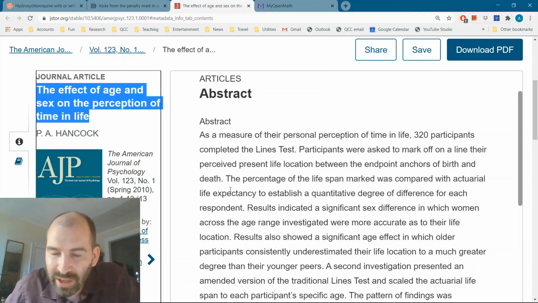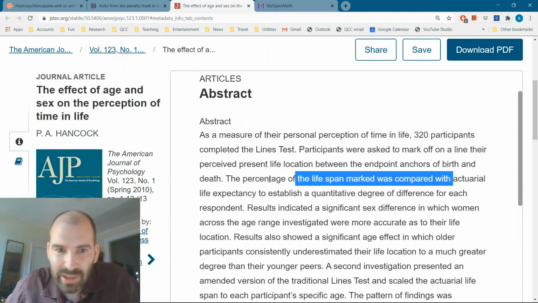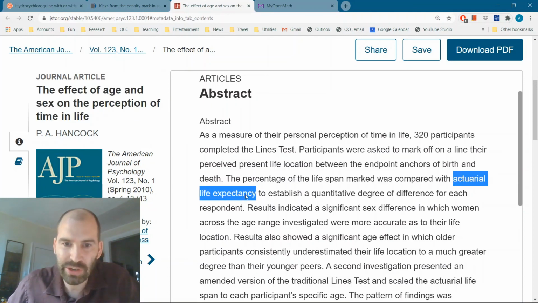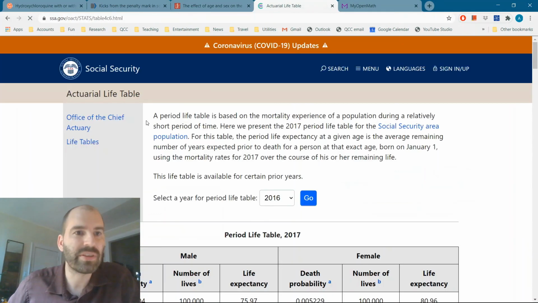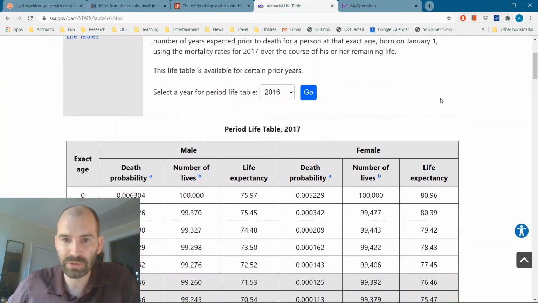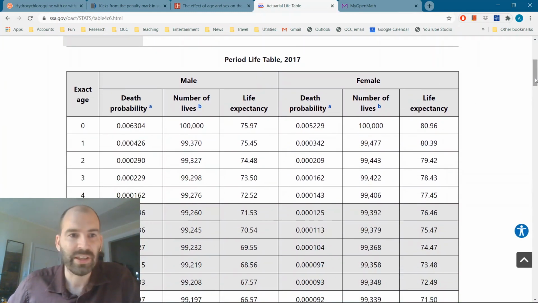The thing I wanted to point out is I actually looked this up. Where was it? Oh, the actuarial life expectancy. I was curious, what is that? What are they talking about? And I just thought this was kind of fun. It's on the Social Security website, the government Social Security website. It's kind of interesting. Given your age, they have your life expectancy. That's how many years you can expect to live, right?